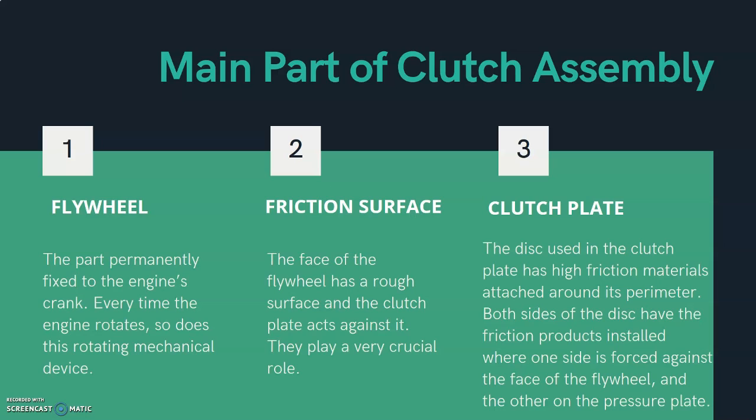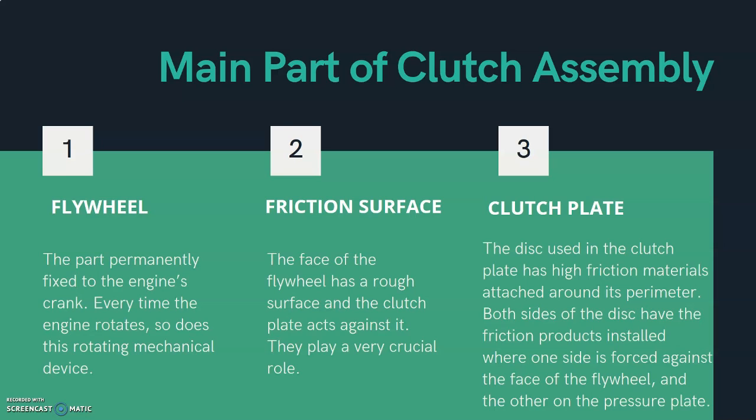The teeth that cover the edge engage the starter motor with a pinion and start the car. On the other hand, there is the friction surface. The face of the wheel has a rough surface and the clutch plate acts against it. They play a very crucial role.